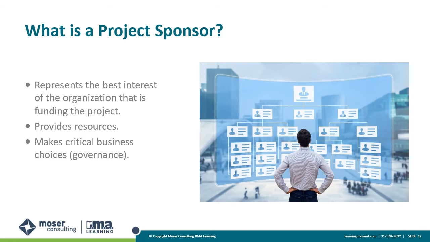They provide or approve funding for resources as the project is built. And they practice governance, or they approve governance. It is the project sponsor's job to make critical decisions that impact time, quality, and money. The project manager may be the person that alerts the project sponsor to the need for a money decision.